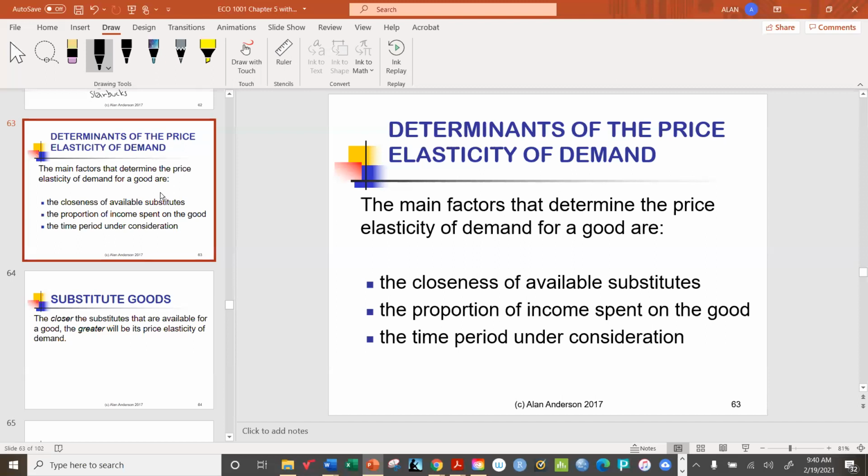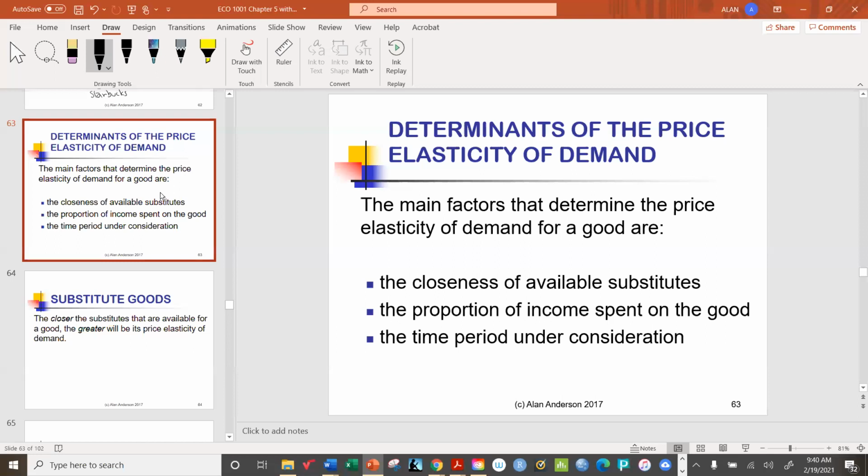Now, the proportion of income. I think we made this point with the Starbucks and the computer examples. We saw that a 10% increase meant 20 cents for the Starbucks coffee, but $200 for the computer. Because of that, the responsiveness of people to the increase in the computer price was very high, and to the increase in Starbucks was very low.